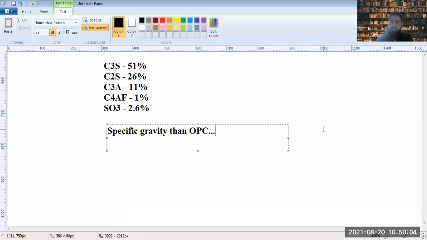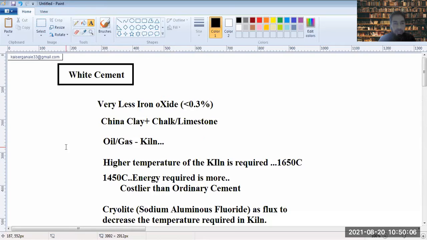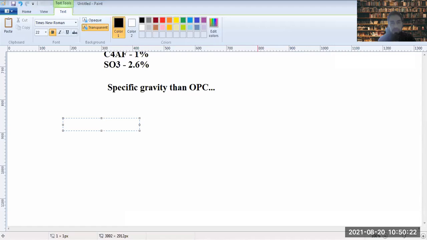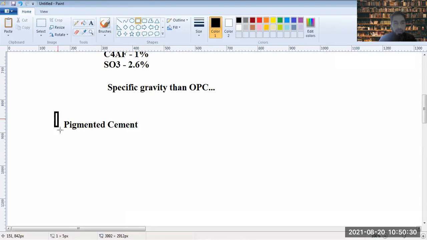Then comes the pigmented cement. What is pigmented cement?